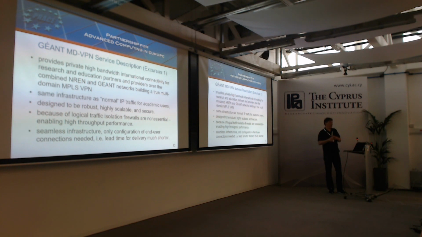Not only mistakes, we have to trust the staff members of GEANT. Of course, they can look into this. Obviously, if they make a mistake, it can also cause a leak. There doesn't have to be someone hostile here. If someone's not careful, it can also leak. But it's the same for your normal IP traffic. It's the same infrastructure.